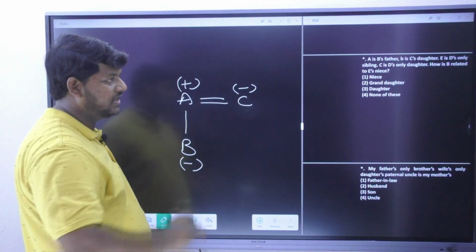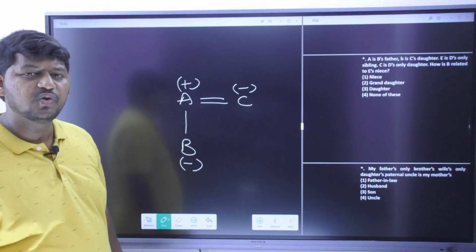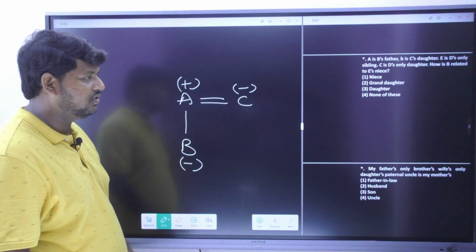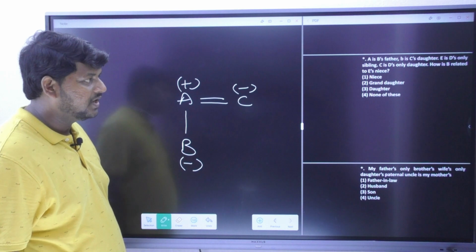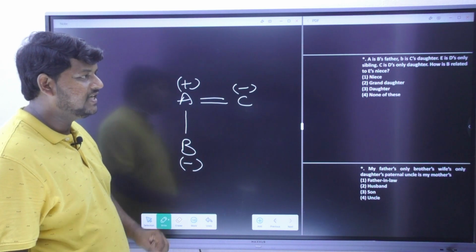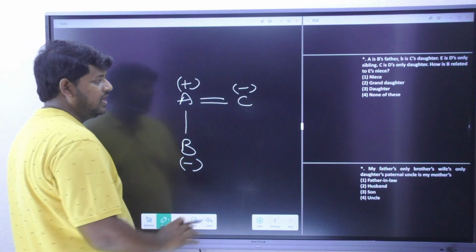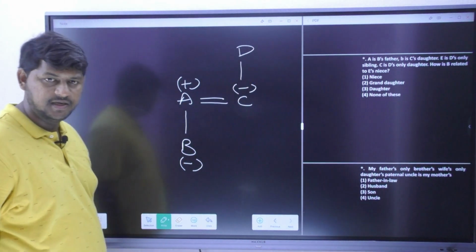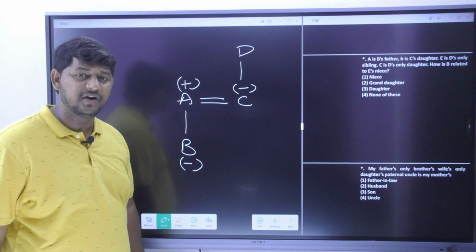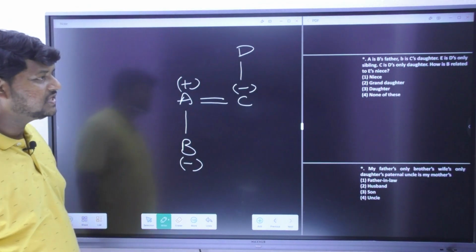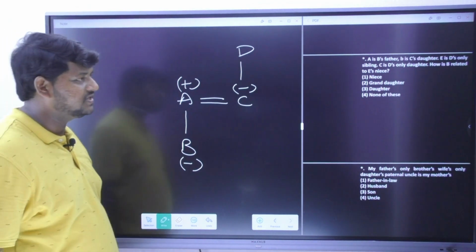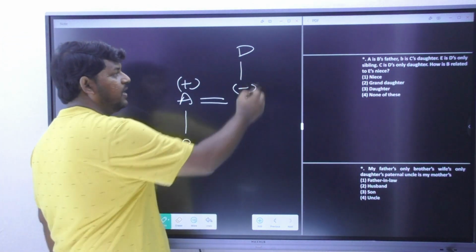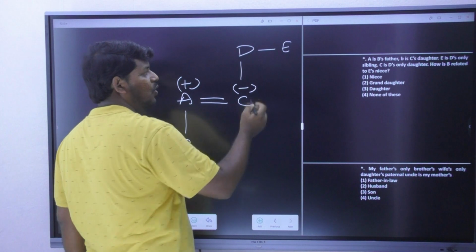Now it is mentioning E is D's only sibling, but you do not know the gender, and I do not know where to place E and D. Now C is D's only daughter. D is going to be a parent of C. Please observe, D became the parent of C. Let us go back to the previous information. E is D's only sibling.